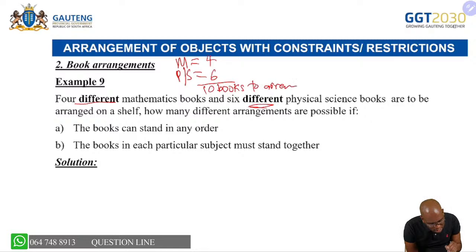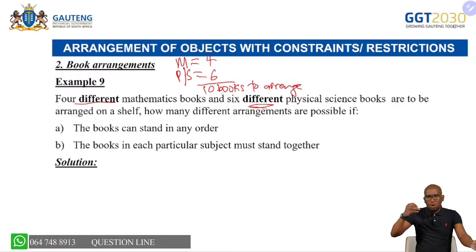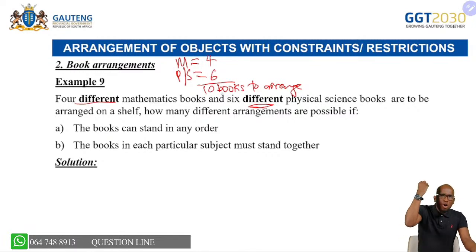Remember, for the mathematics, you can have an algebra book, function book, sequences book, geometry book, trigonometry book. So they are different. With physical science, you can have your Newton's laws book, your electrostatics book, your organic chemistry book, your rate of reaction book, and so on.